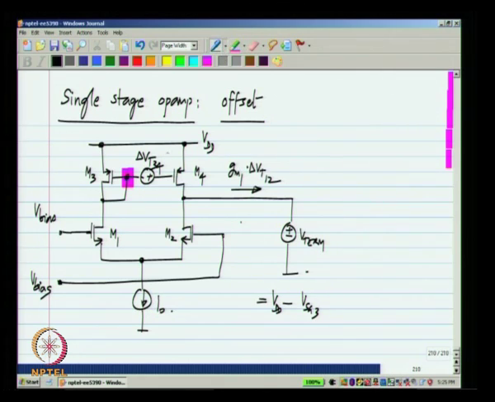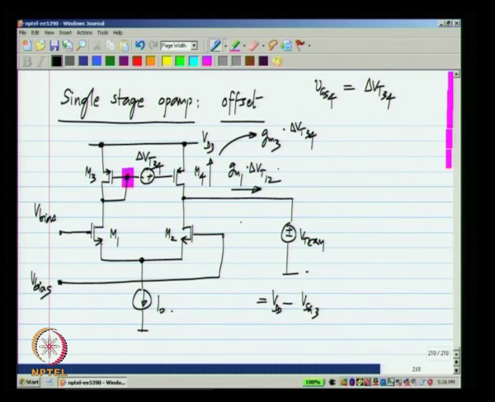So, the small signal gate source voltage of M4 will be delta VT34. So, the incremental current in M4 will be GM3, which is the same as GM4, times delta VT34, and that will go into the terminating voltage source.